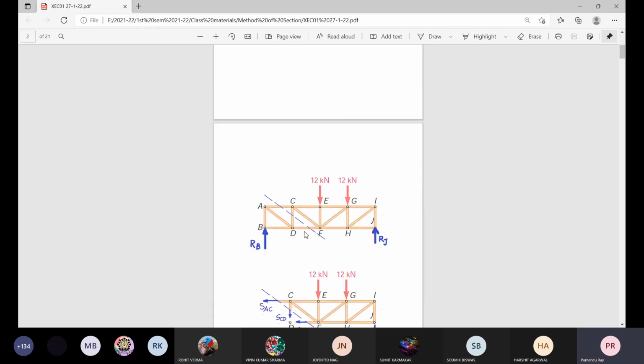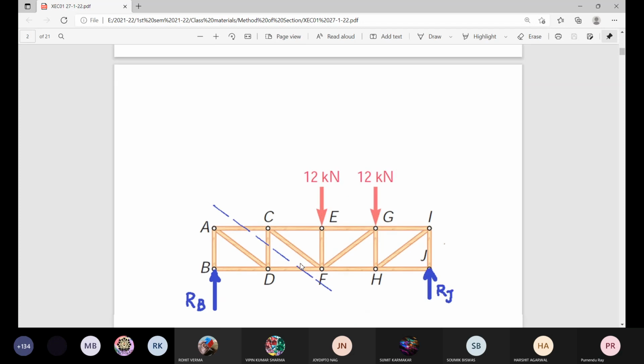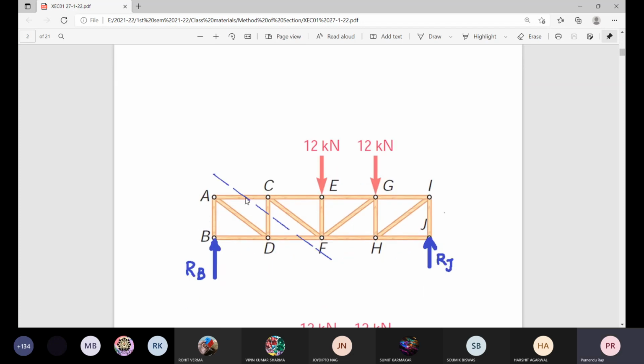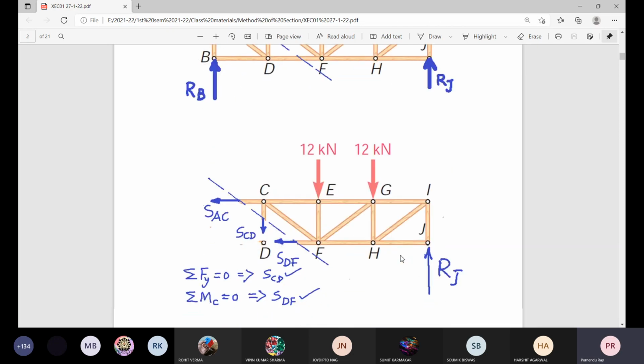So this is the case. We consider this section which cuts this member CD and this member DF, which are required to find their member forces. Now we consider the right hand side for equilibrium.